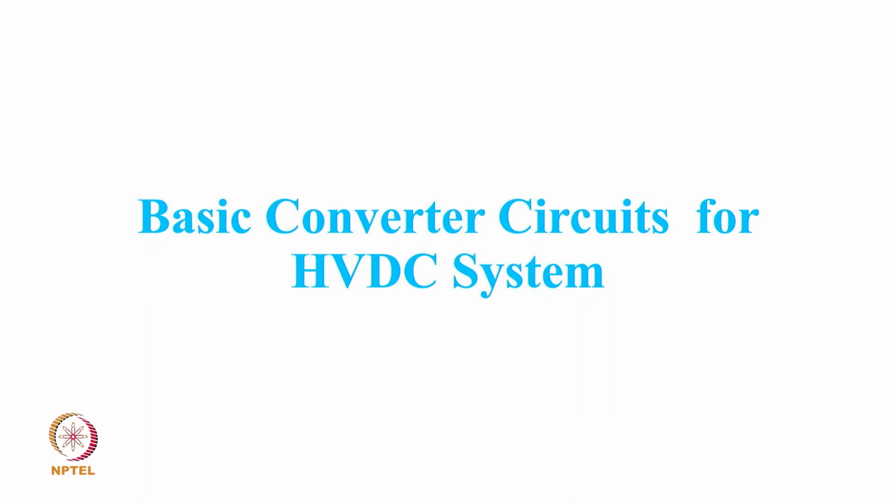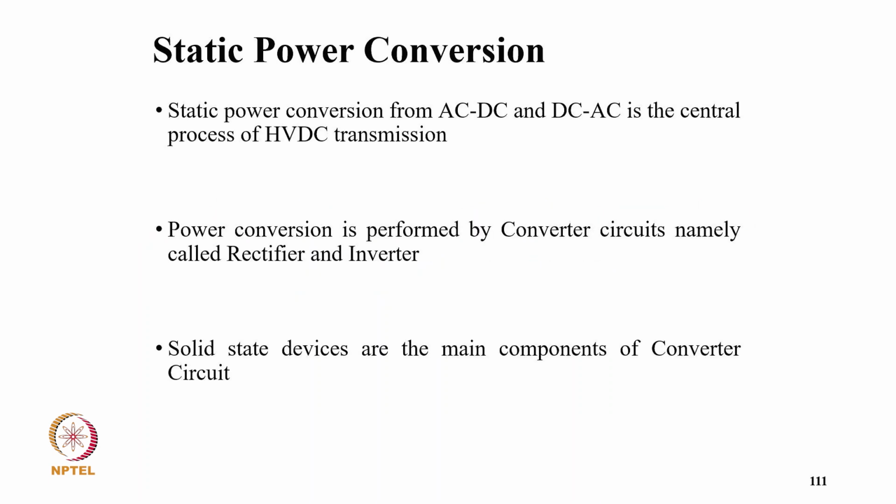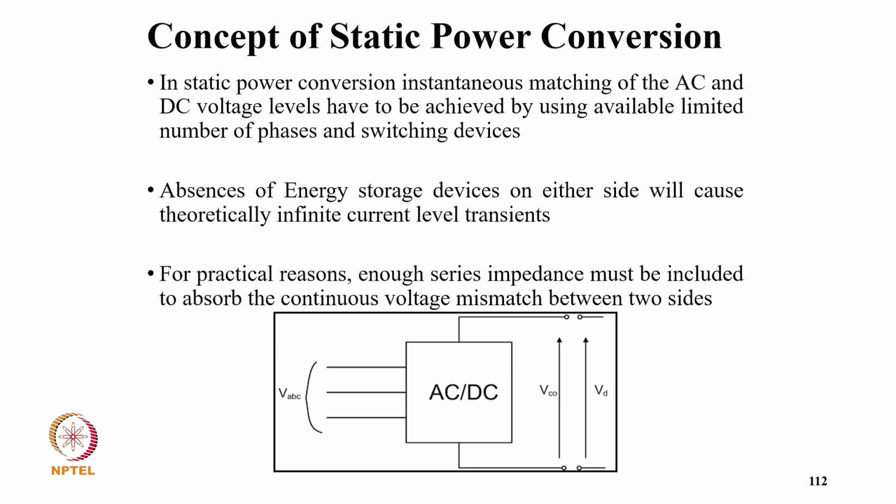Coming to basic converter circuits for HVDC systems. Static power conversion from AC to DC and DC to AC is the crucial process of HVDC transmission. Power conversion is performed by converter circuits, namely the rectifier and the inverter, and solid state devices are the main component of the converter circuit.